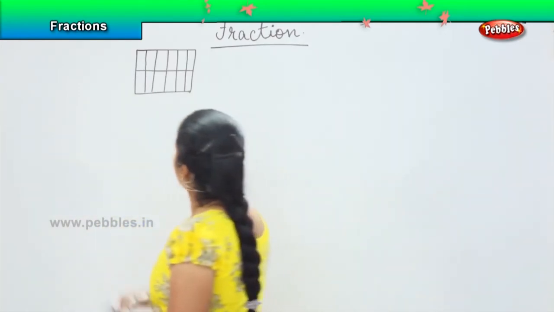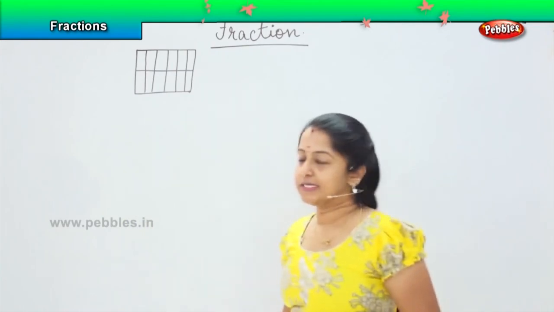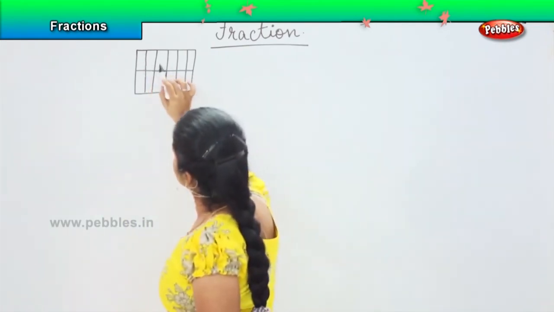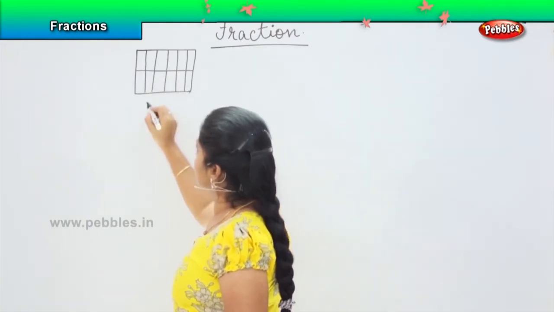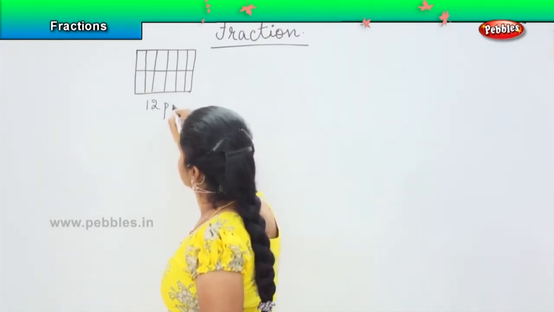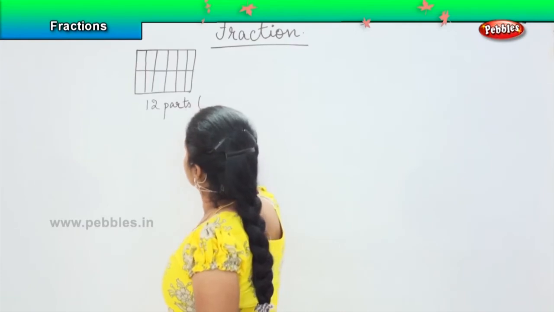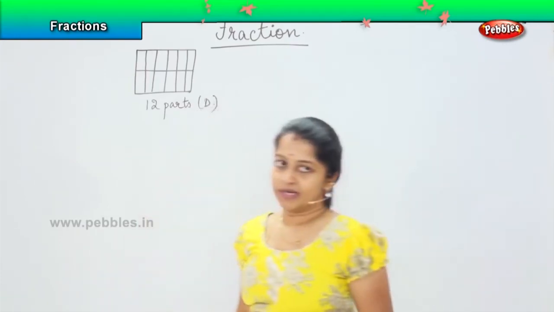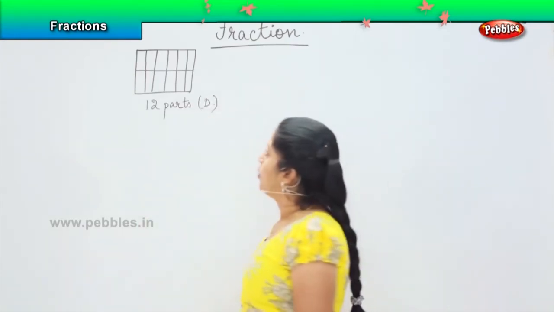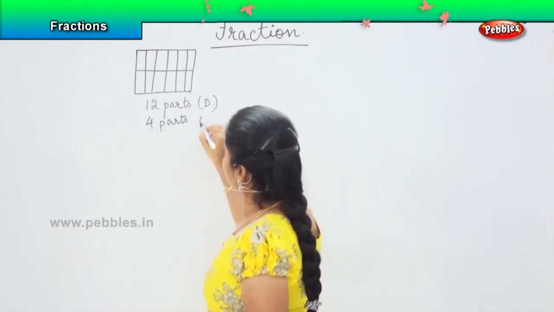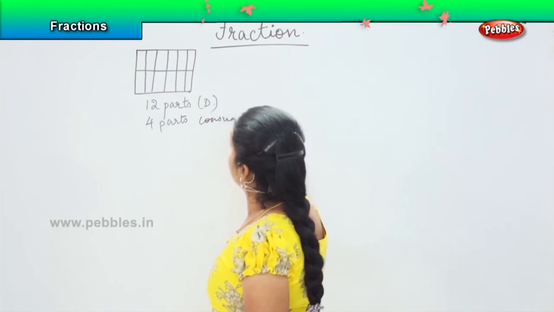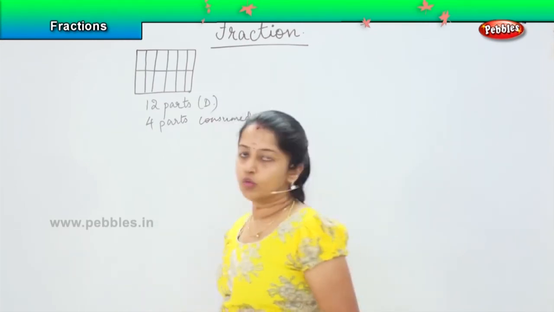Okay, so now can we count the total number of parts here? 1, 2, 3, 4, 5, 6, 7, 8, 9, 10, 11 and 12. So it is divided into 12 parts. So 12 parts will be my denominator. Okay. Now 4 parts are consumed. So what will you do? You will be shading the 4 parts.